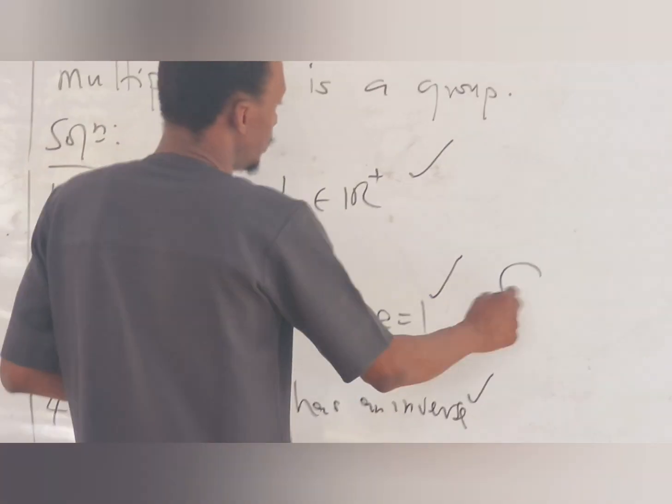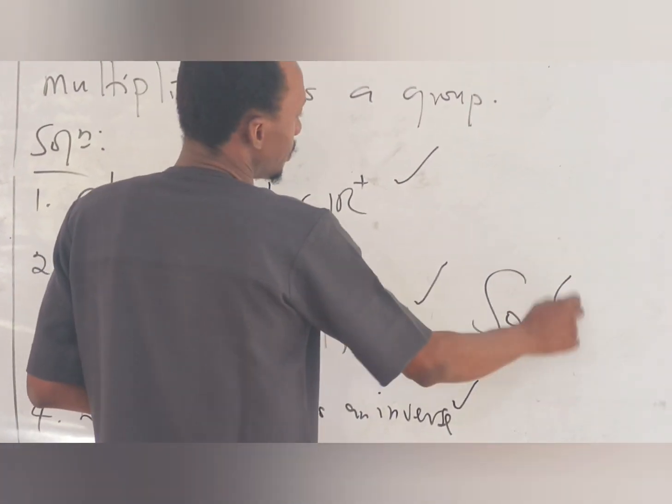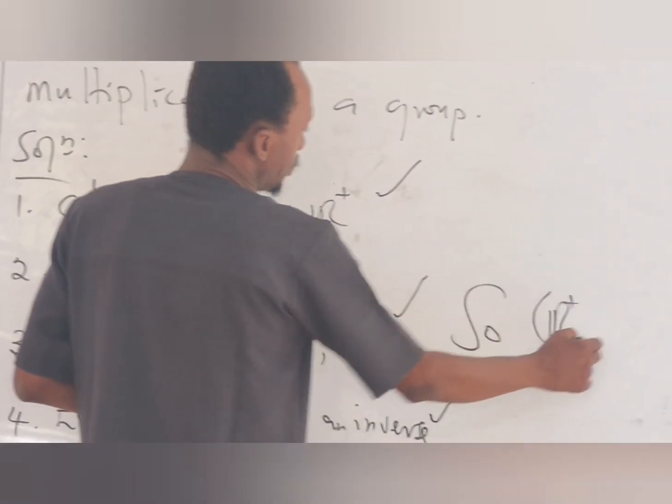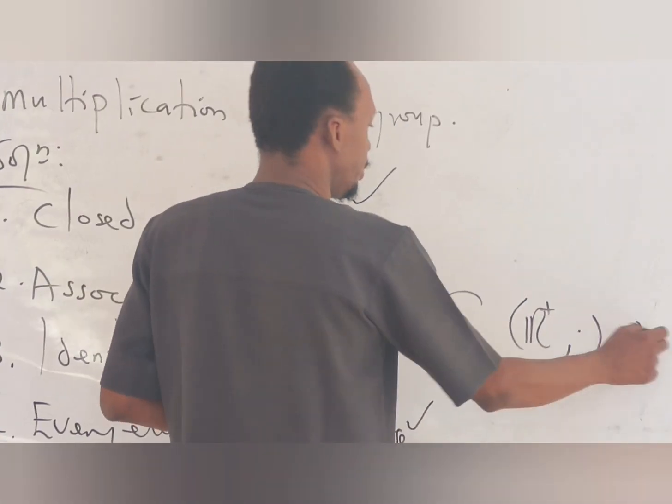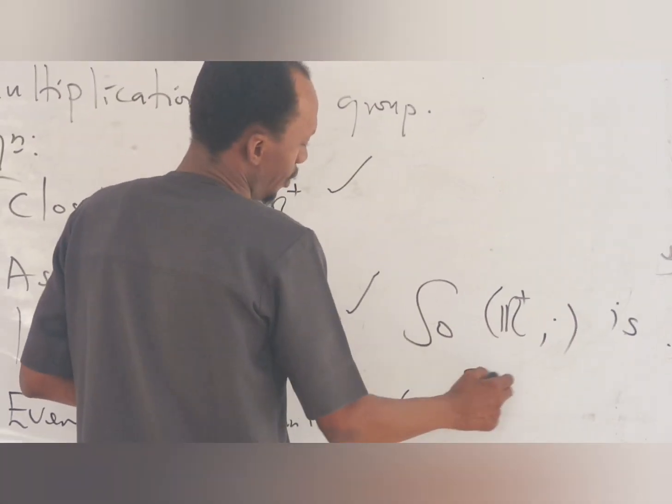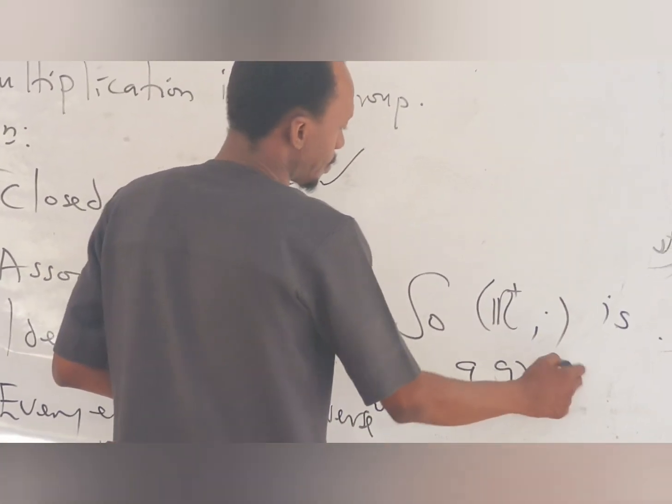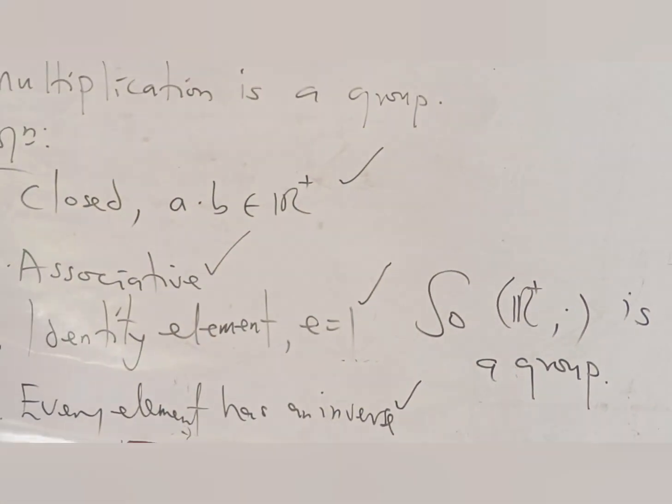So our positive real numbers under multiplication is a group.